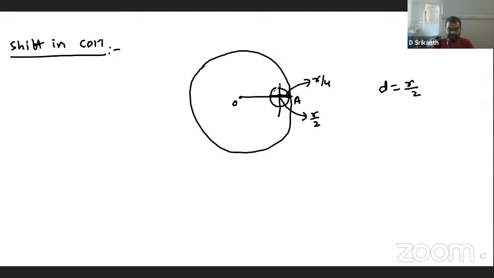Let us consider this point as O dash. OA is equal to R and O dash A is equal to R by 4. Then what will be the value of O dash?